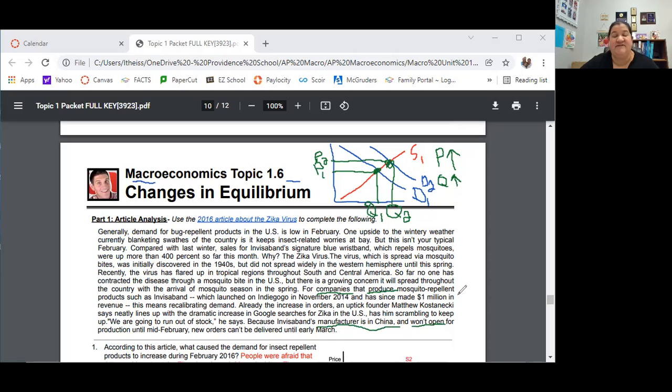So what happens to supply? The supply decreases. They bought all of it. Can we make more? No. So our supply shifts.